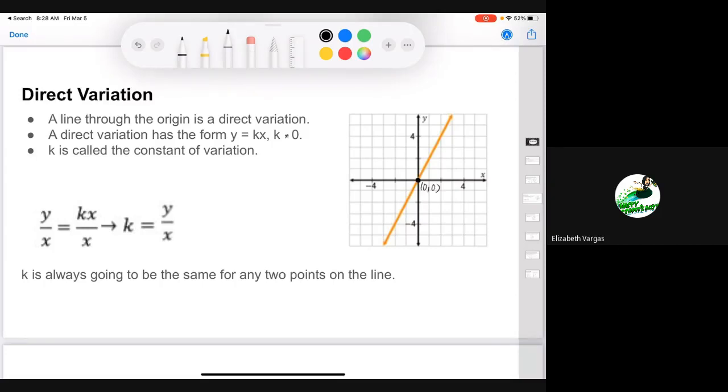A direct variation takes the form y equals k times x, where k is greater than 0, and k is called the constant of variation. So basically, k is always going to be the same for any 2 points on the line.